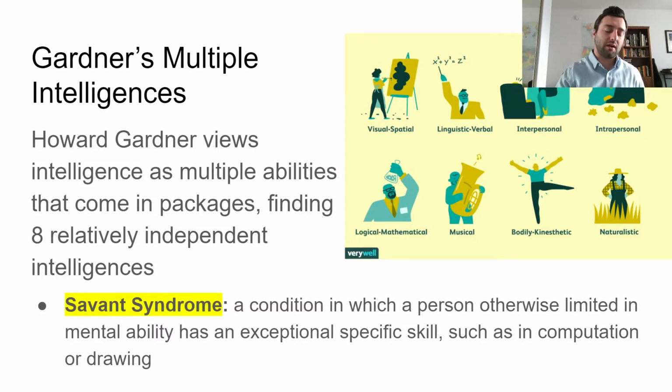Or they're able to play music at an incredibly high level as a really, really young child. So there's all these different things, but the main idea is that they are low functioning. They have limited mental ability generally, but one thing that they're exceptional at, and that would be a savant. And again, this supports the idea that all these intelligences aren't necessarily linked.